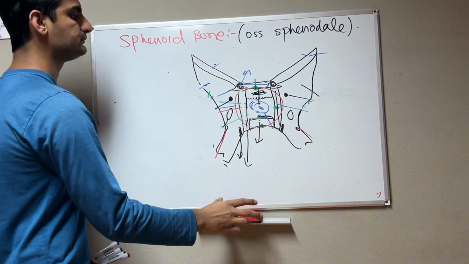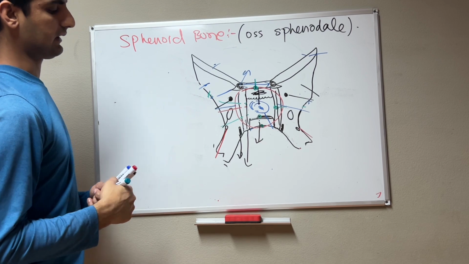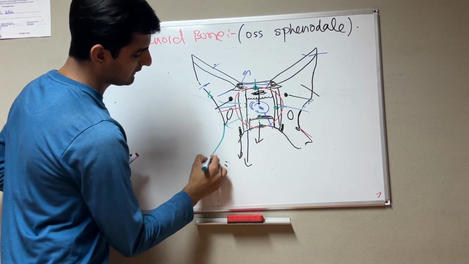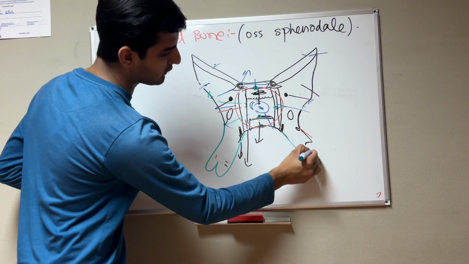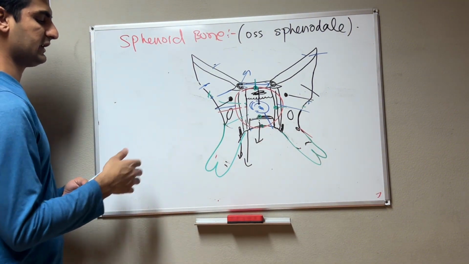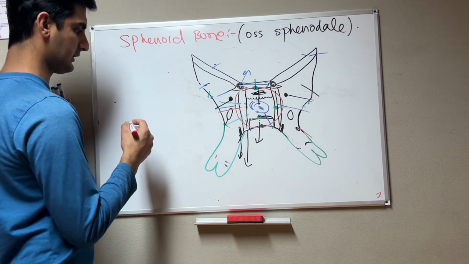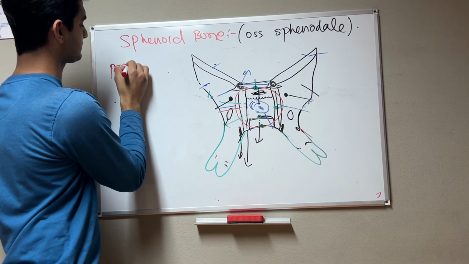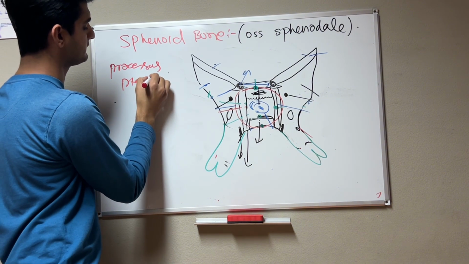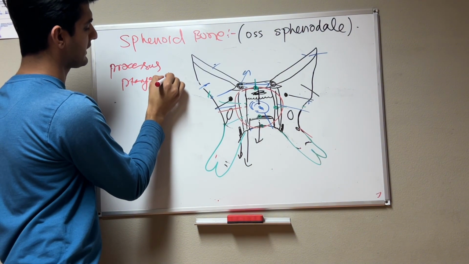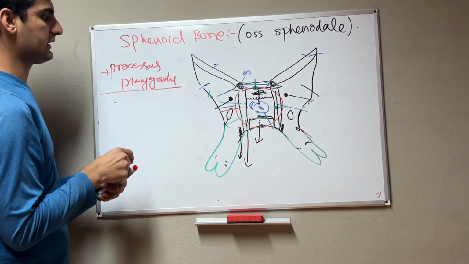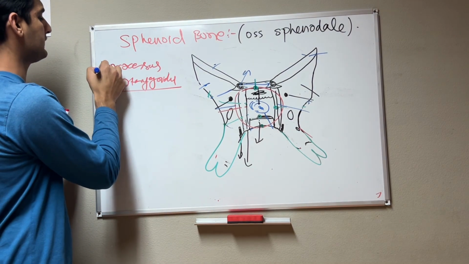Now we have the fourth part, which I told you is located outside the skull. It is the pterygoid process, processus pterygoidus, the fourth part of the sphenoid bone.